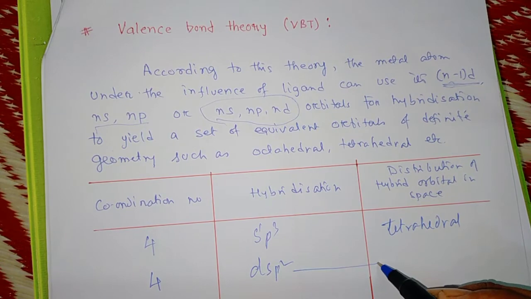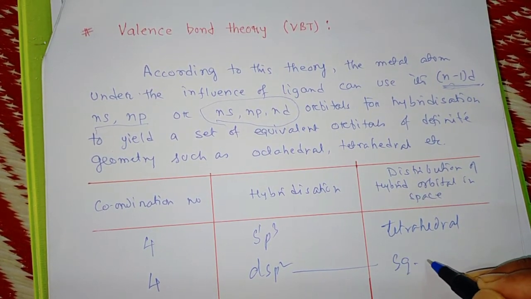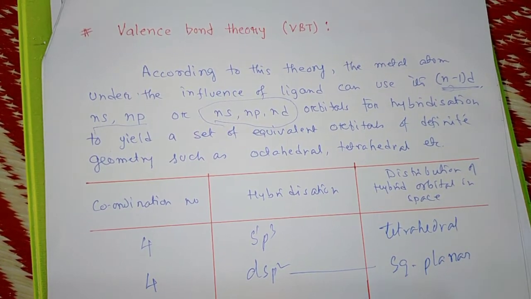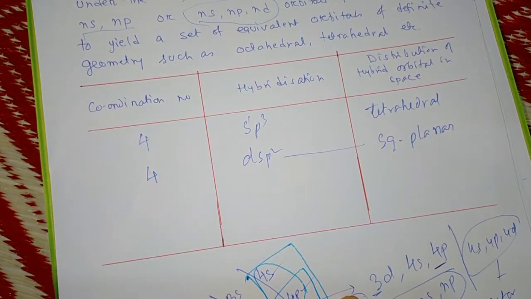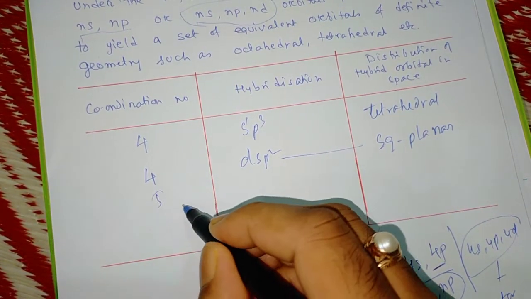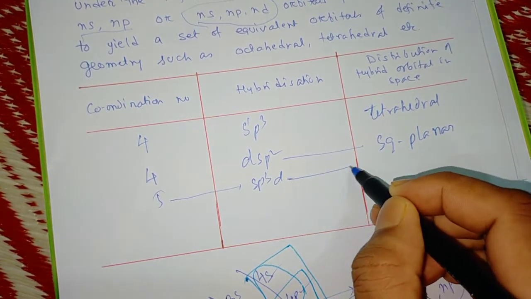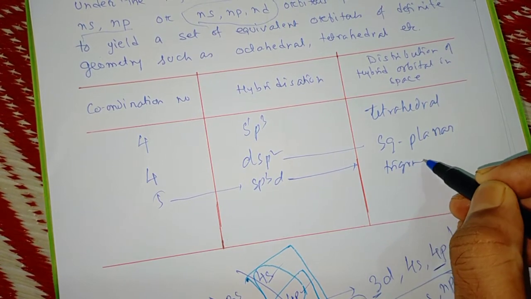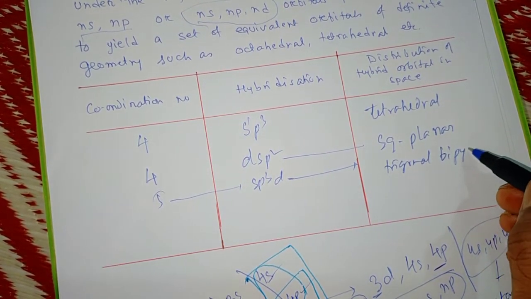In that case, it is called square planar. Sometimes the coordination number becomes 5. In that case, sp3d hybridization, it is trigonal bipyramidal.